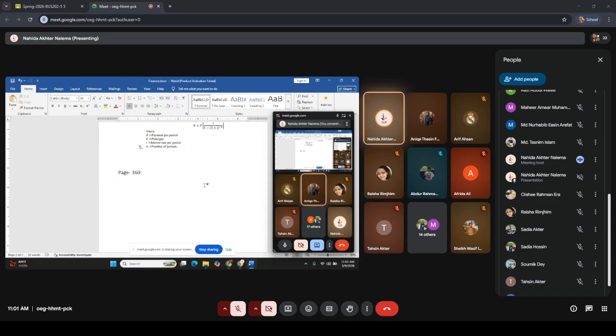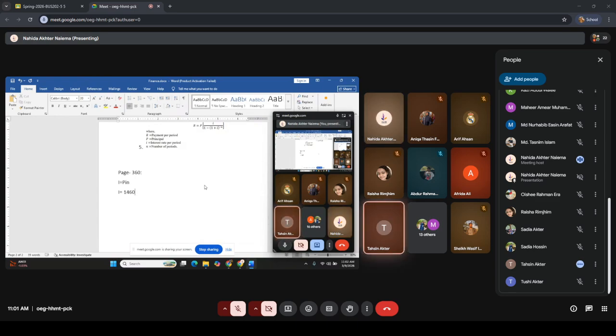Simple interest, right? So I is equal to PIN, right? So we need to find the I. P টা কি এখানে? What's the value of P? 1460.